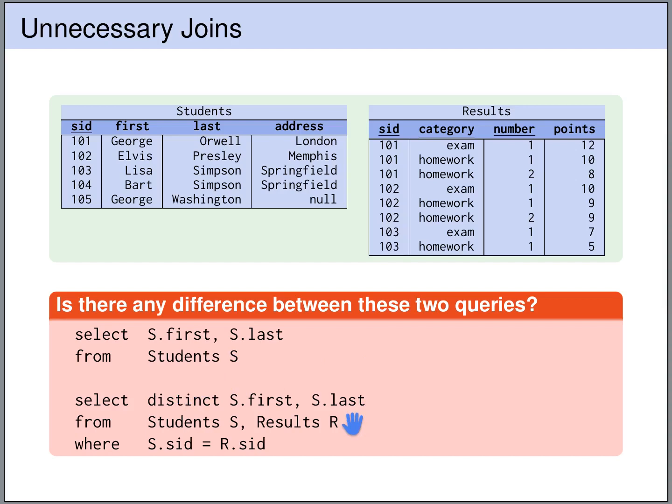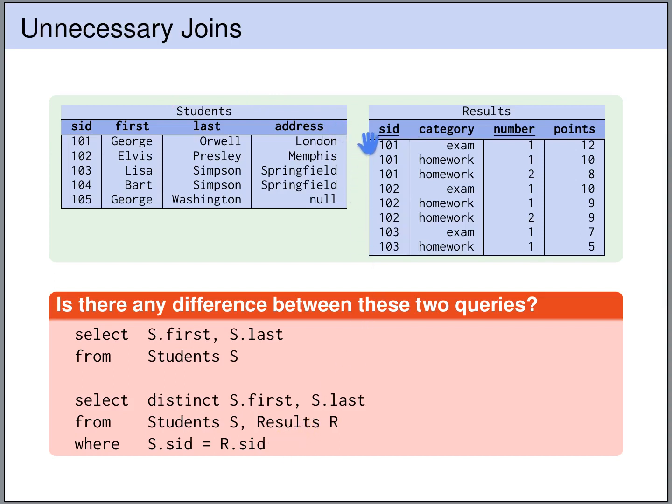In the second query, let's say that we have S is assigned to student George Orwell. S iterates over the rows in the students table, so at some point it will be assigned to student George Orwell. So now S points to this row in the students table, so the sit is 101. So that means we are looking at the result rows because of this join condition.